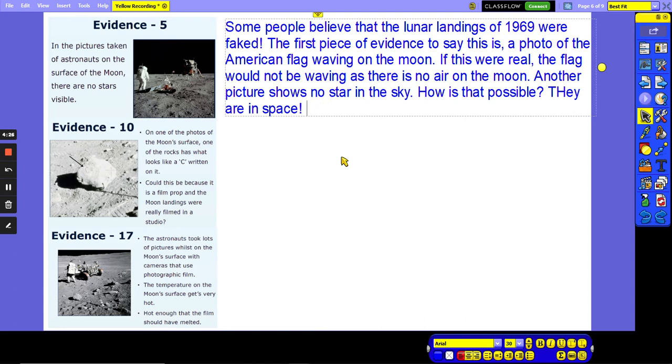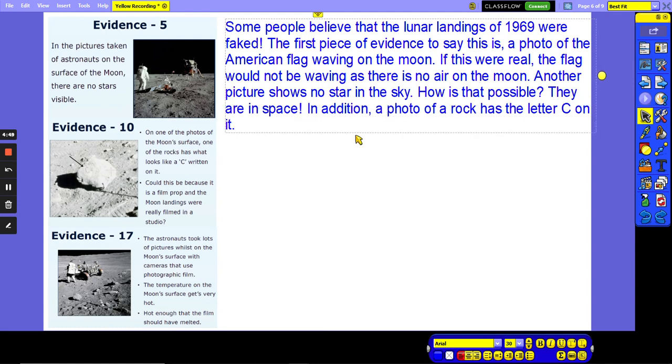So I don't want to say another picture again. I might say in addition, a photo of a rock has the letter C on it. So can you remember? It's got the letter C on it. Why is that important? Oh, because it was a film prop.